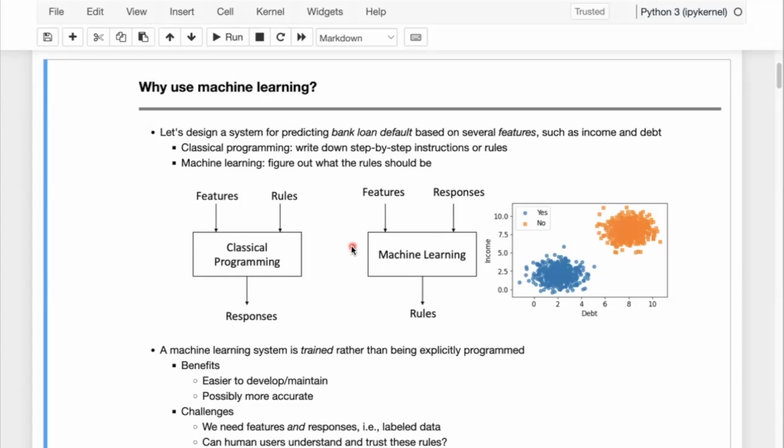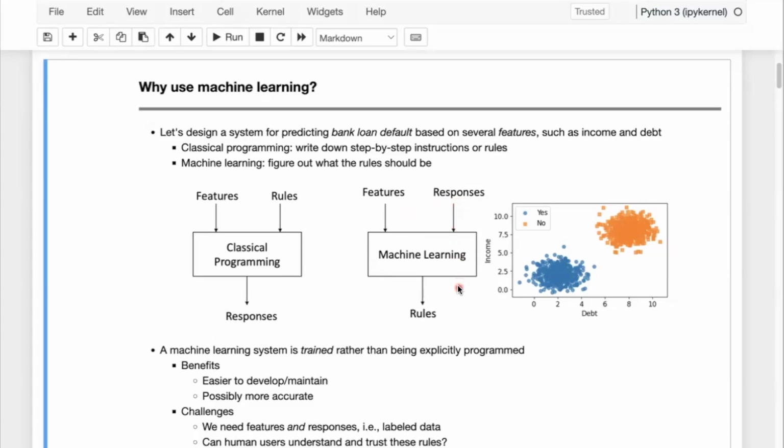In this case, the inputs to this machine learning system are technically features and their corresponding responses. So features are again income and debt, and responses here are simply yes or no.